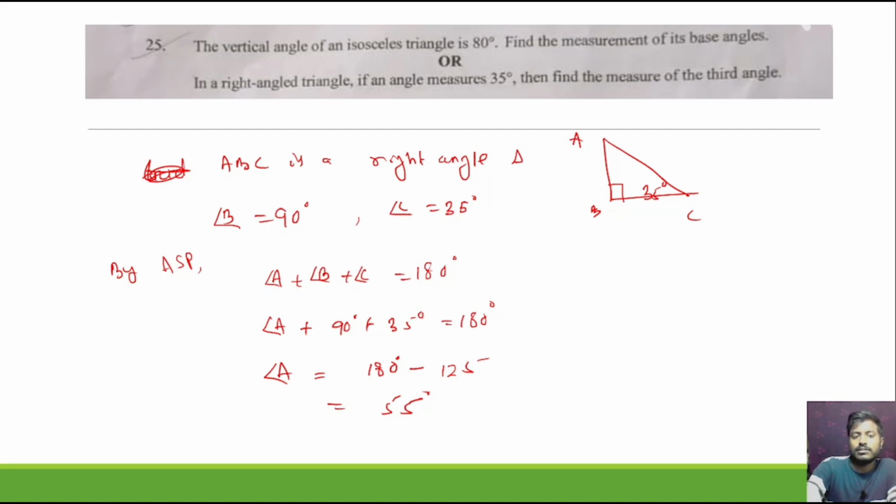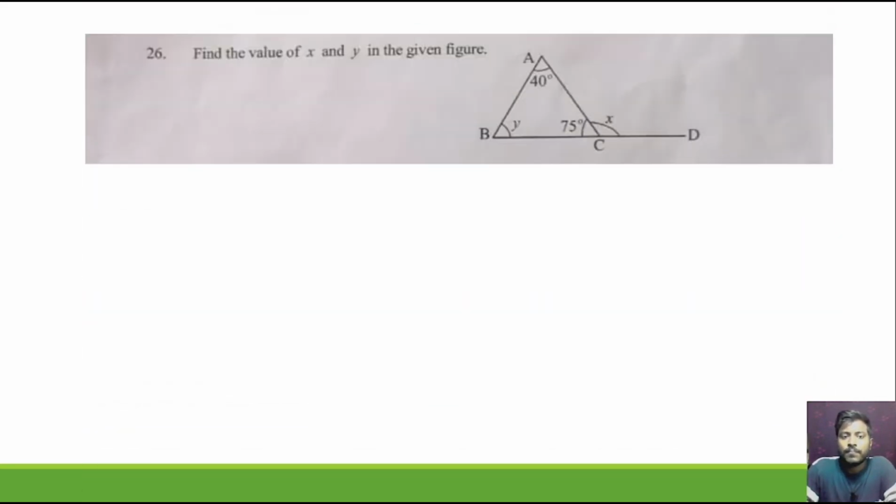Next question. Find the value of x and y in the given figure. So first of all, find y. Look at triangle ABC. In triangle ABC, we can write angle A plus angle B plus angle C is equal to 180 degrees by the angle sum property.